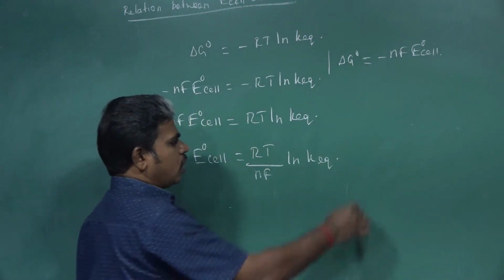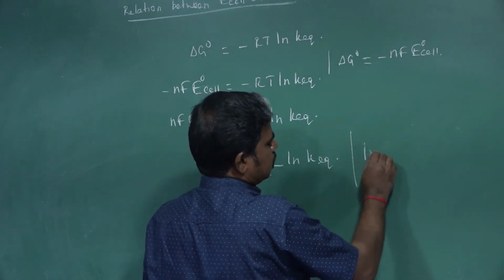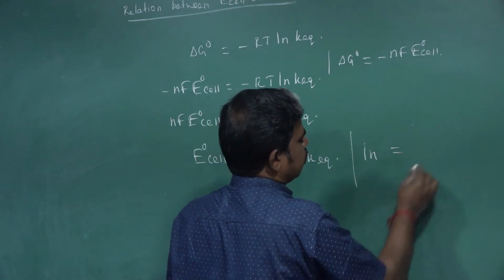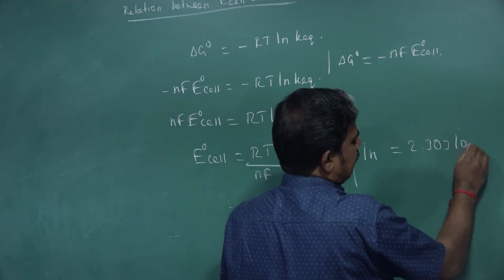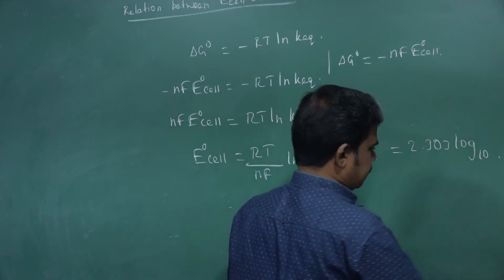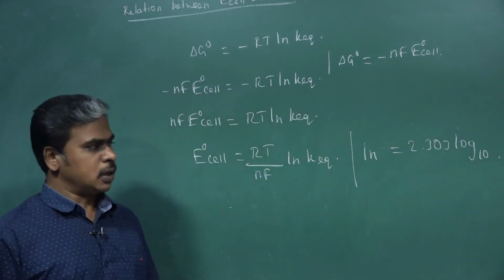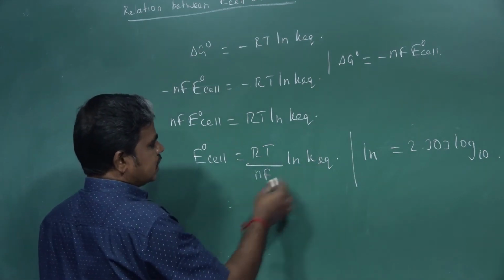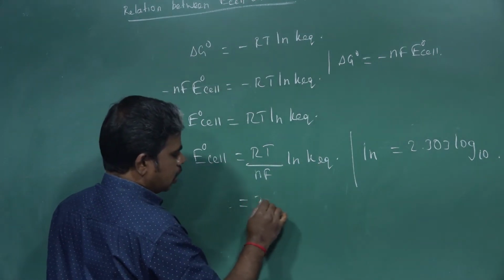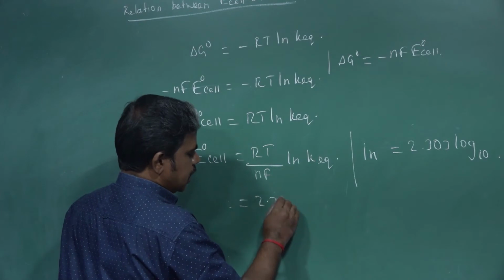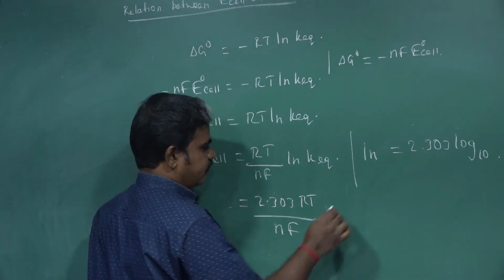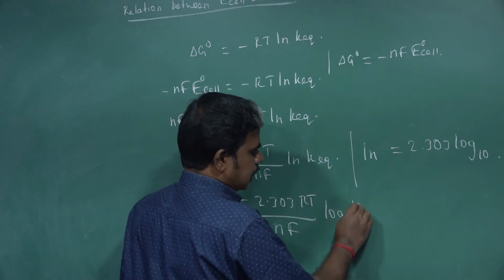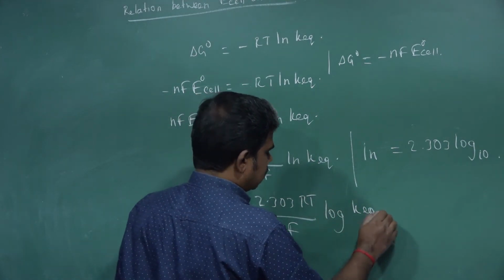Now what is the value of ln? ln is equal to 2.303 log base 10, so we are introducing the log. So E naught cell is equal to 2.303 RT by nF log K, that is the equilibrium constant.